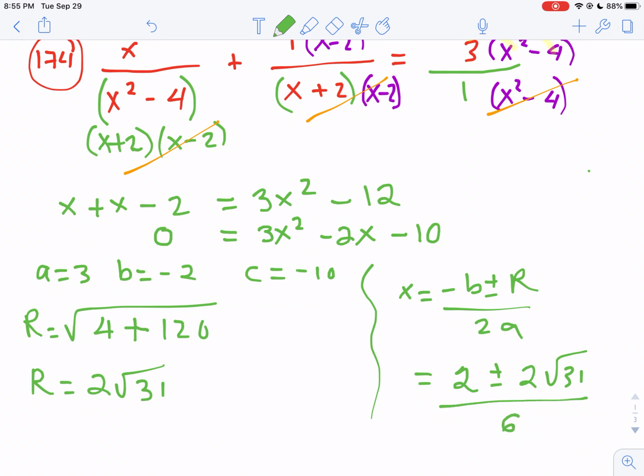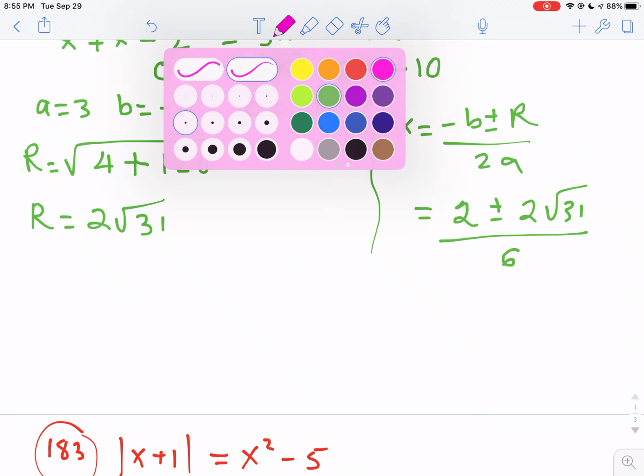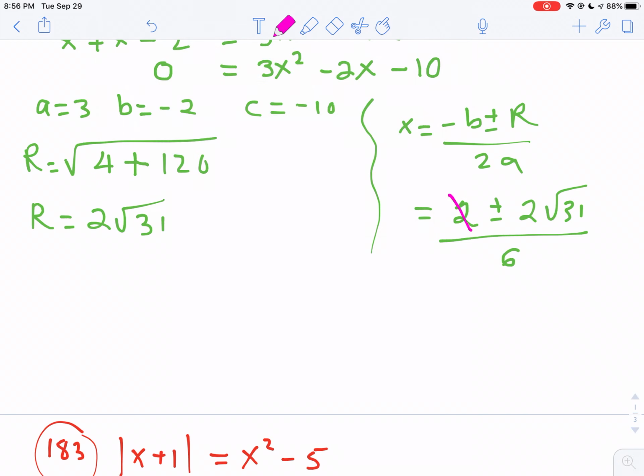If you don't check the back of the book, you'll say these are my solutions, but no, they want you to go one more step, and that is to simplify as much as you can. Your book does a lot of that. I can cancel out a 2, I can cancel out a 2, and this turns into a 3.